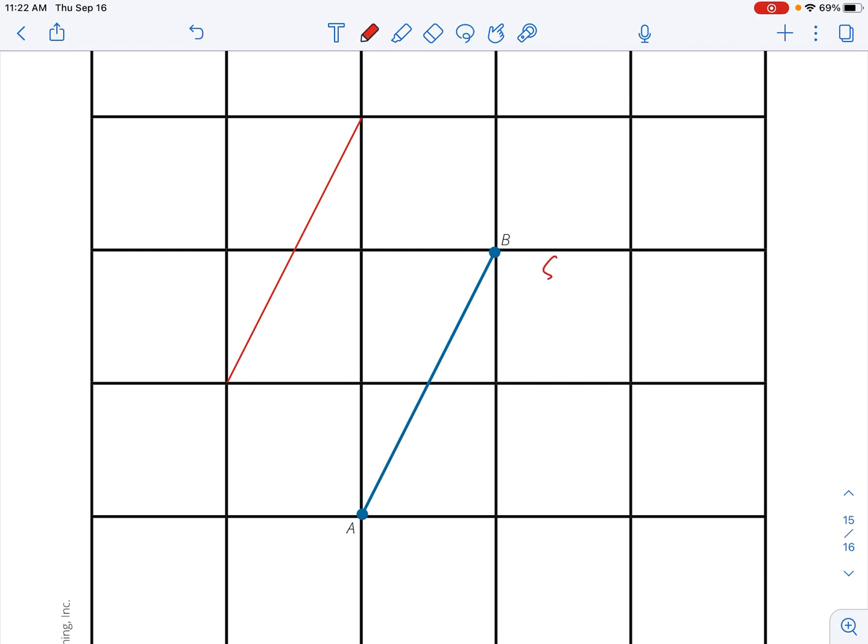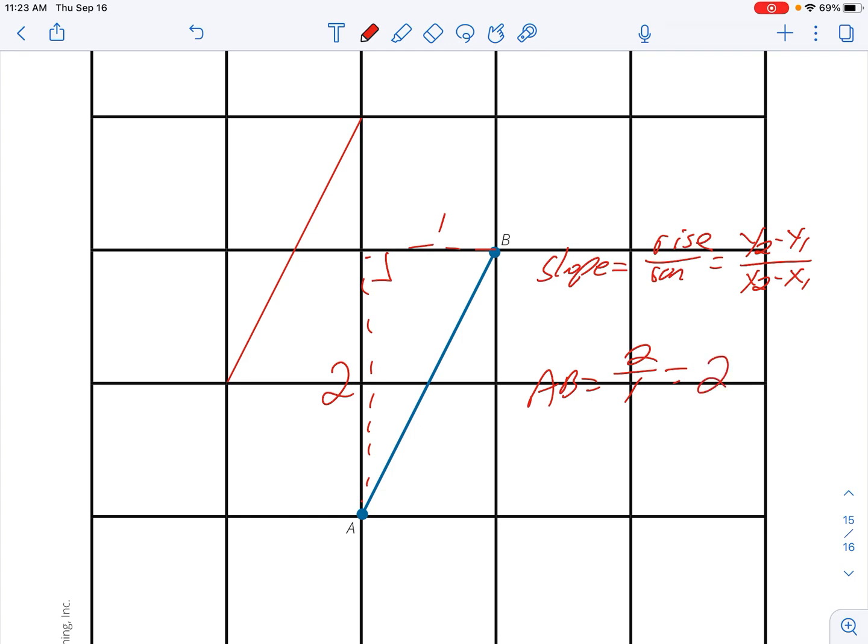On AB, we know how to calculate slope. Slope is rise over run. Or as you also could remember how to calculate it, the formula right here. So for AB, my rise, my run, I went up 2, I went to the right 1. So for the slope of AB, it is 2 to 1, or just 2.